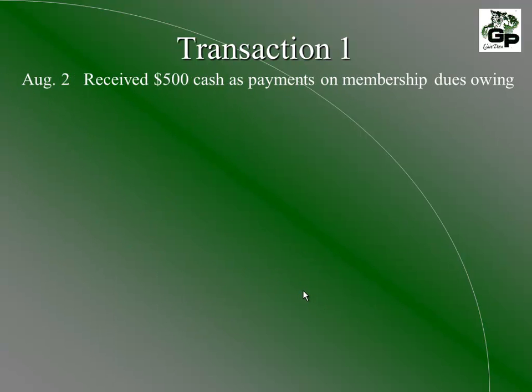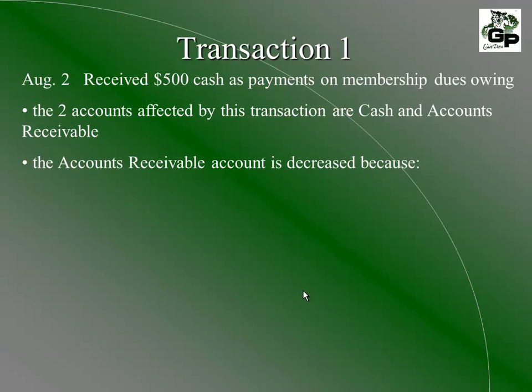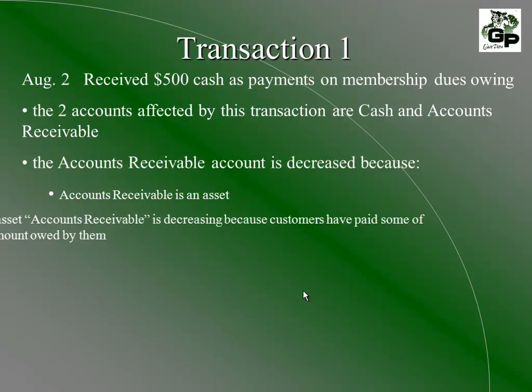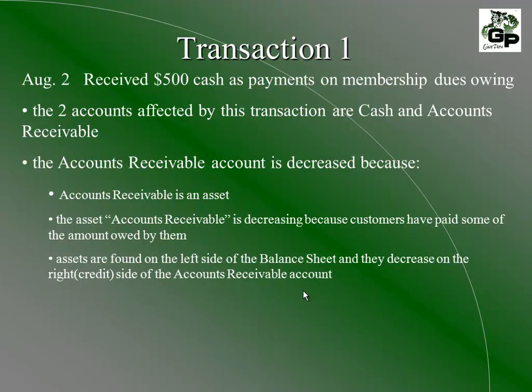Similarly, when we have this transaction, the second account that's affected is accounts receivable. The accounts receivable account is decreased because accounts receivable is an asset, and the asset accounts receivable decreased because customers have paid some of the amount that they previously owed. Assets are found on the left side of the balance sheet, and they decrease on the right side.